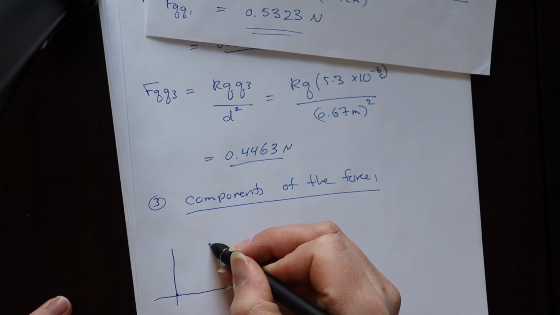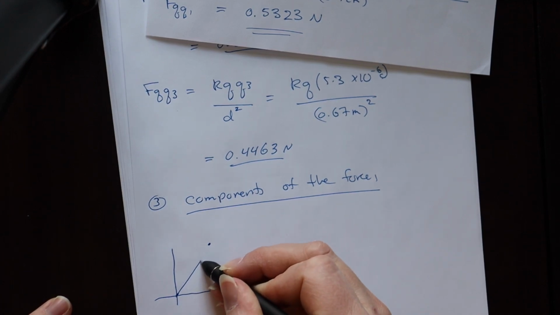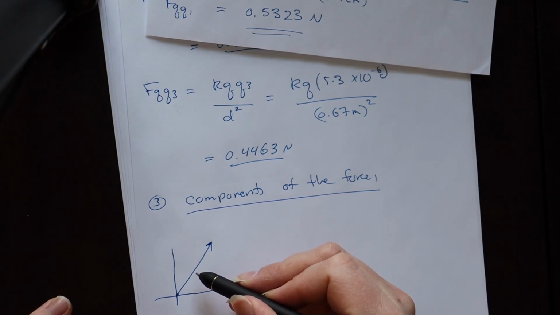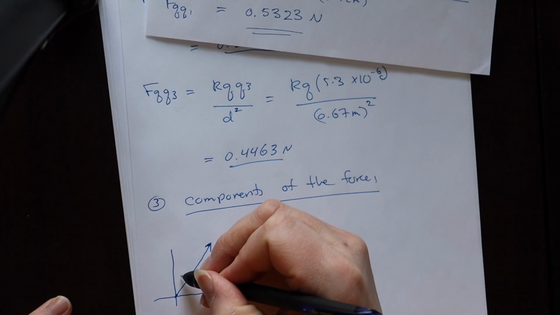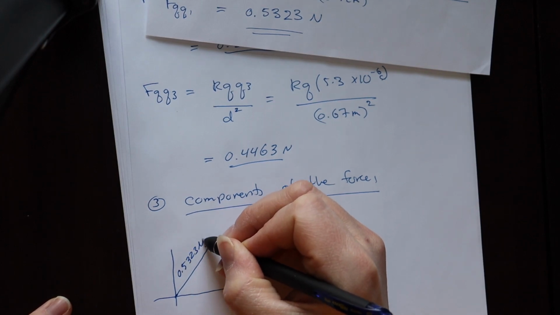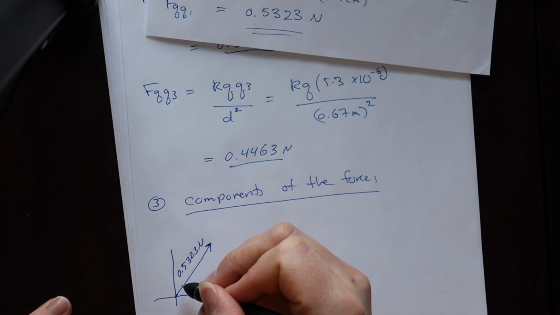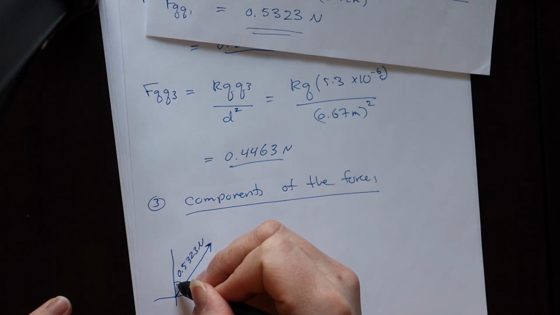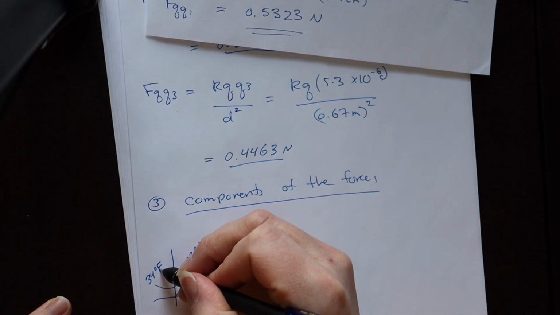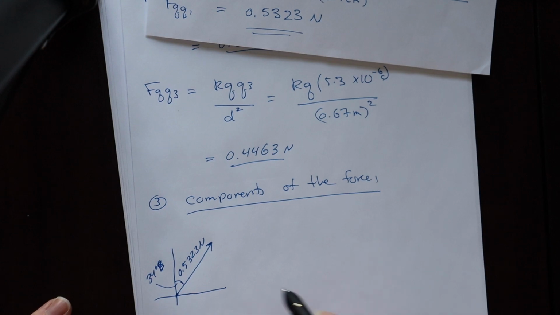This is Q. Q1 was over here, and I'm going to write now the force vector. So the force felt between Q and Q1 is 0.5323 newtons, and the direction here, this angle, given to us is north 34 degrees towards the east. Let's write that's 34 degrees.